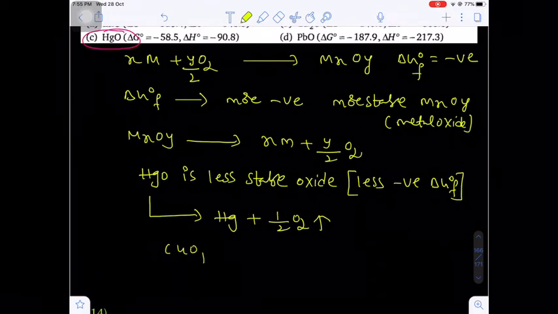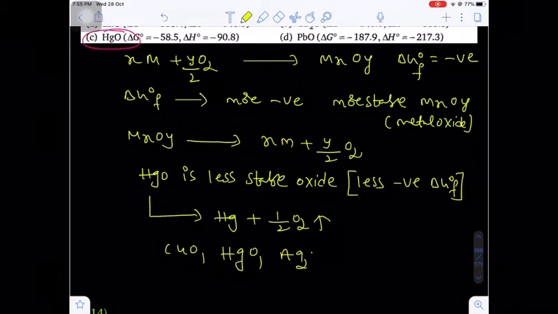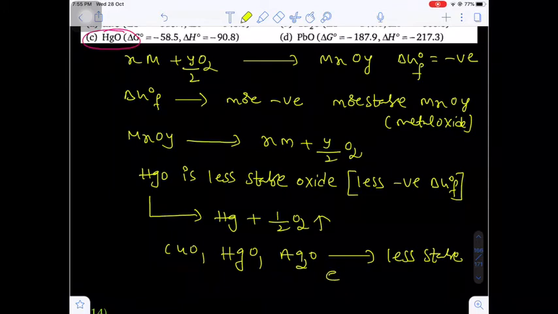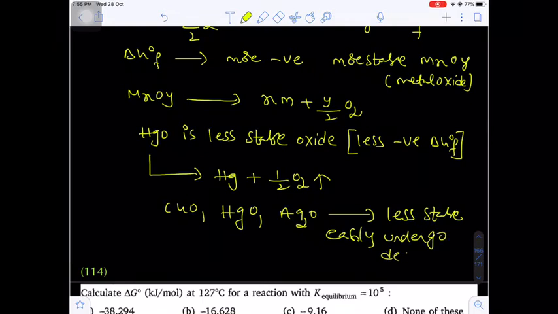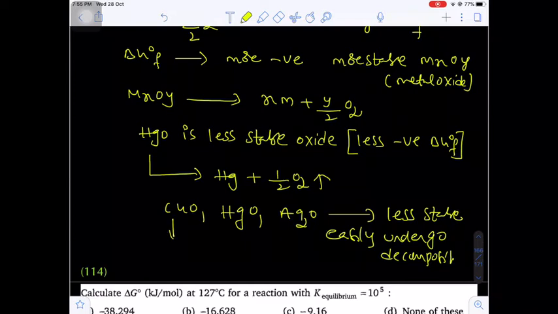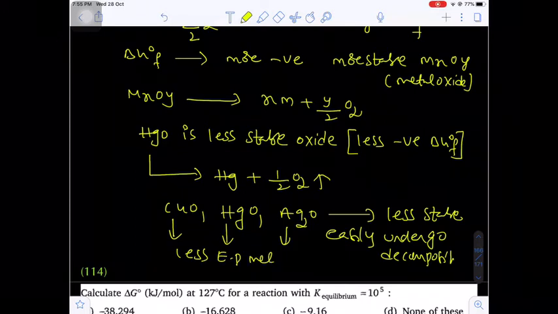Examples: copper oxide, mercury oxide, silver oxide. These metal oxides are generally less stable and easily undergo dissociation, easily undergo decomposition. The reason here: do you know copper, mercury and silver are less electropositive metals.